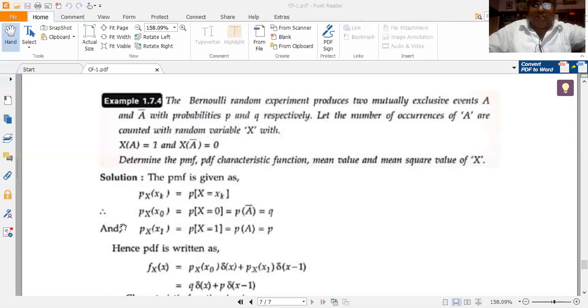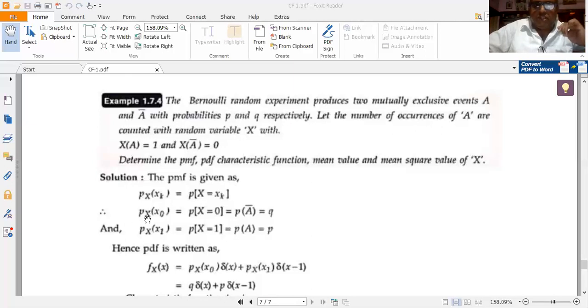Then Px of x0 is the probability of occurrence of A bar, whose probability is Q. So P of A bar is equal to Q. X of A bar is equal to 0, as given in the problem. So P of A bar is equal to Q, which is nothing but the probability of X equal to 0, which I take to be Px of x0.